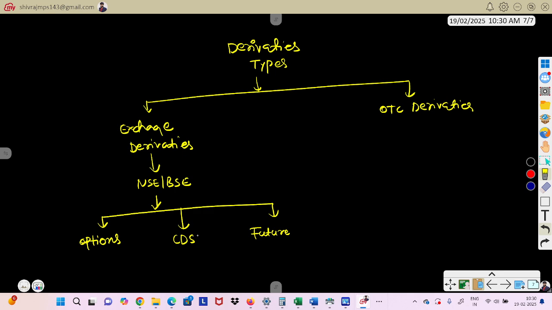Options and futures, both are a little different, but we'll discuss that in detail. Let me first write down all the different types of derivatives that we have.